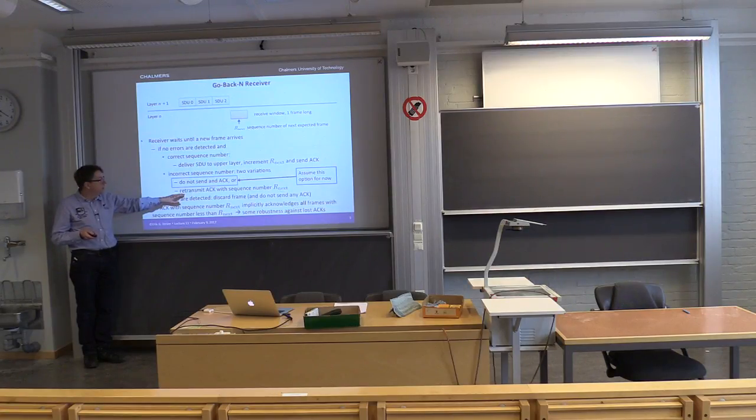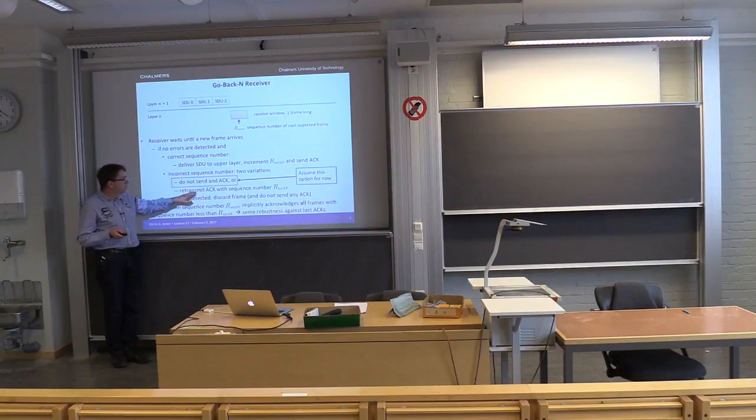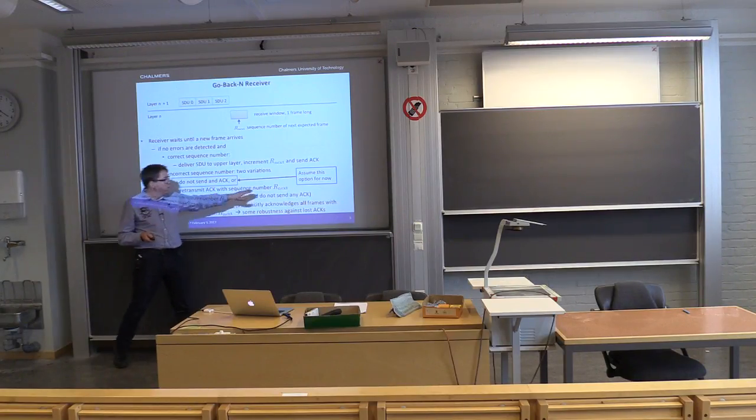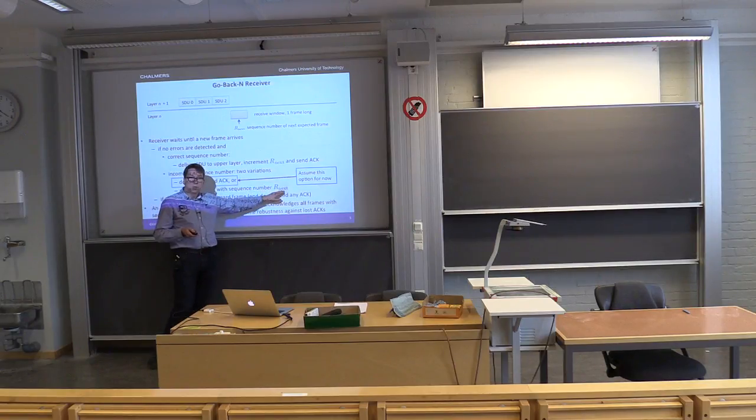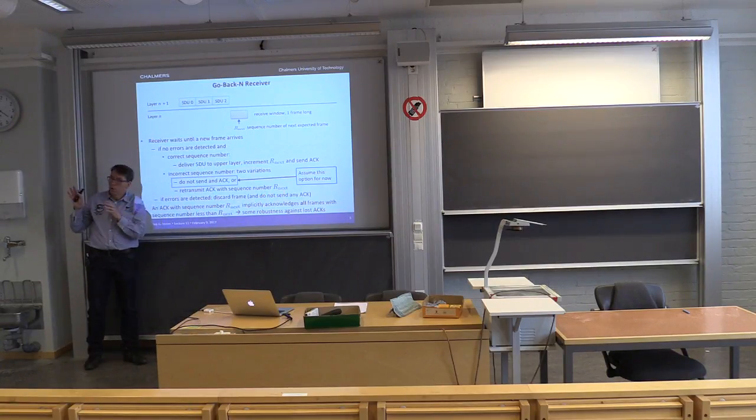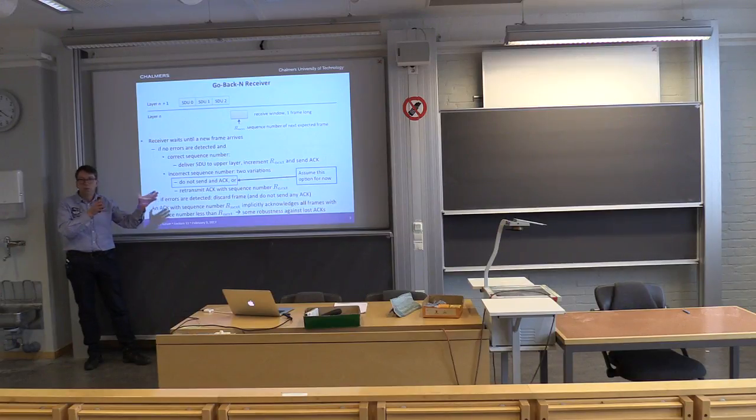And what we do is we send a control frame to the transmitter with the sequence number that we expect, which is R next. So we have already once informed the transmitter that we want R next, and then we get a frame which is not R next, and then we say, oh no, I don't want that, I want R next. So we tell the transmitter this once more.